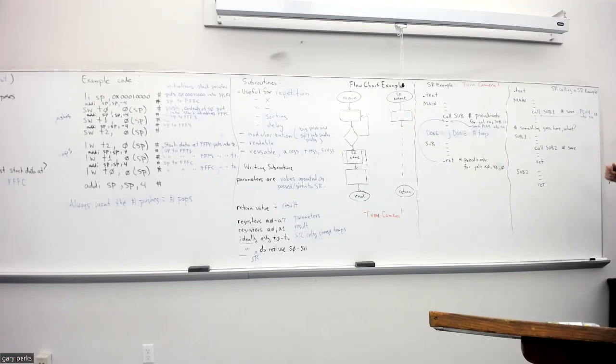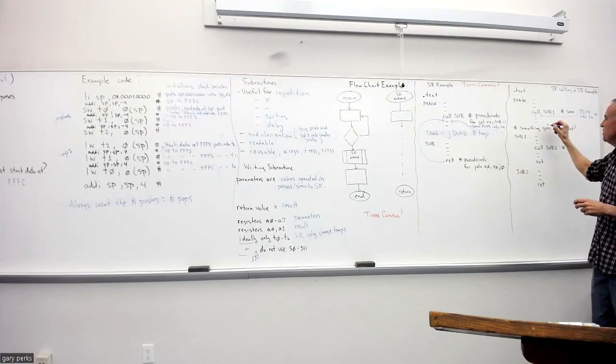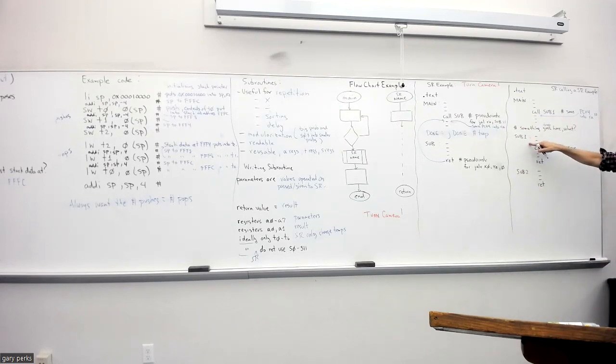Okay. So again, I left out the trap here just like I did before. You would need a trap here, just so your main doesn't go into your subroutine inadvertently. But now, as you can see, inside our sub 1, we have a call to subroutine 2.